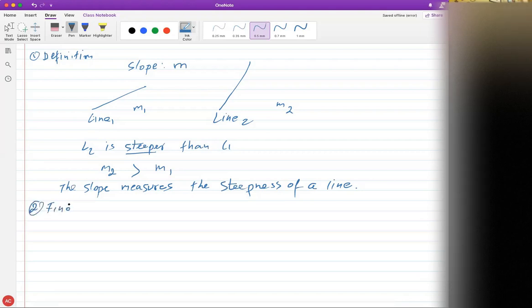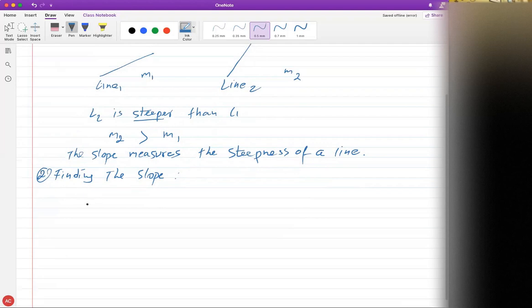So, finding or calculating the slope. To do so, we need 2 points. Let's say point A with some coordinates and another point B with also some coordinates. Last time you should have learned how to find or plot points on a graph.